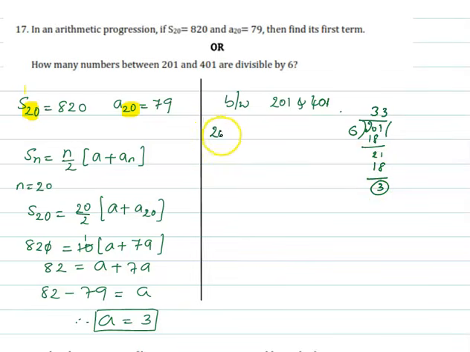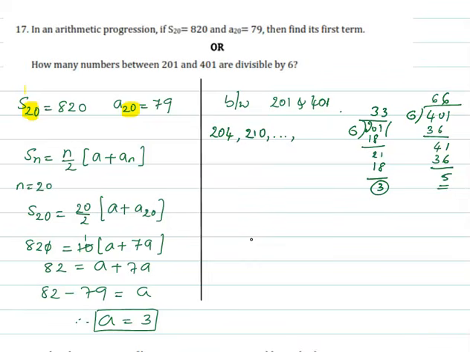So I can say 204 is divisible, 210 is divisible. Similarly you can check with 401. 6 6s are 36, 4 left, 41. Again 6 6s are 36, I am left with 5. As we are getting 5 as a remainder, it is also not divisible by 6.